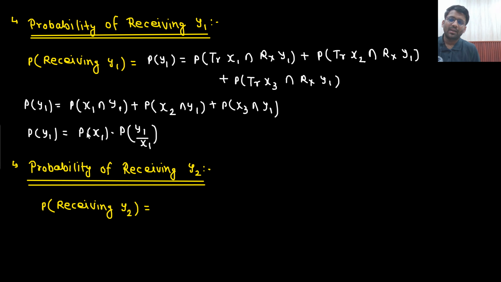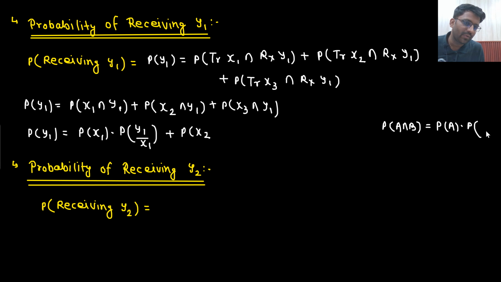Or I would say, probability of transmitting x1 multiplied with the probability of receiving y1 given that x1 is already sent, plus the probability of, this we have already seen in the previous video, how the probability of A intersection B could be written. Probability of occurrence of events A and B is given as the probability of occurrence of event A multiplied with the probability of occurrence of event B given that A has already occurred.